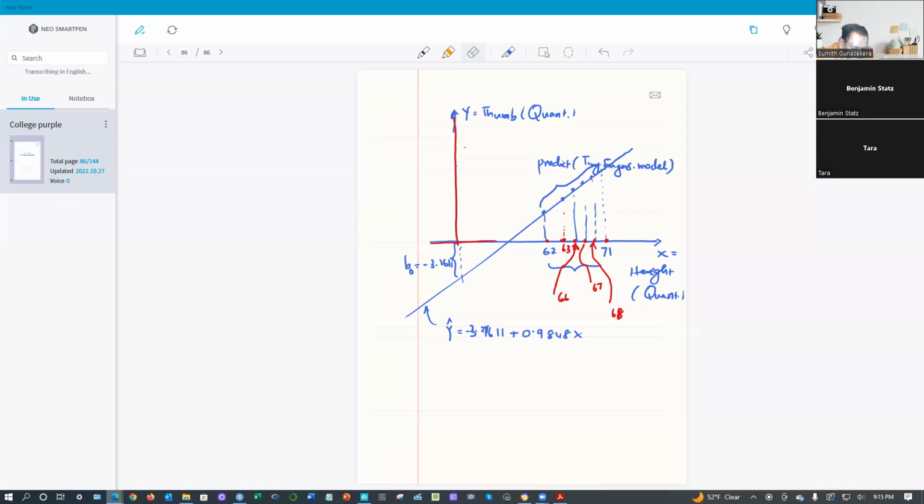That's called interpolation. Intra means inside: you estimate the value inside the data range.